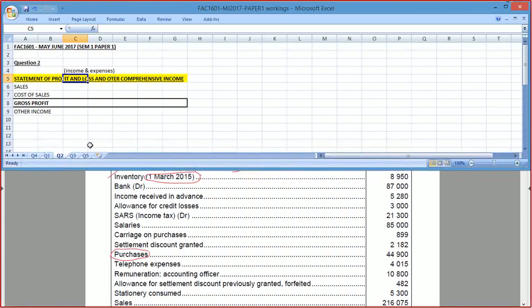So inventory, for cost of sales, I'm just going to show a separate working here. Remember, you need to study the formula.